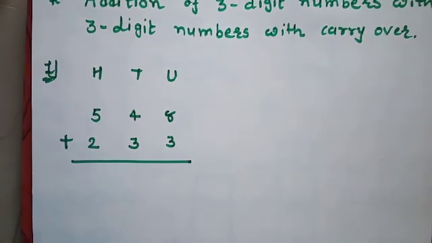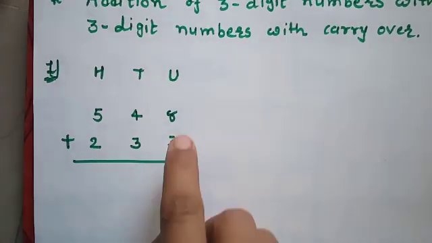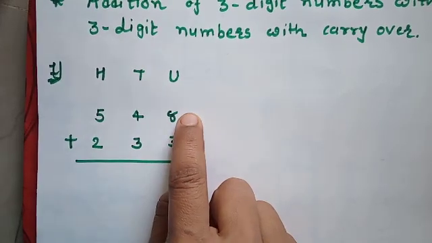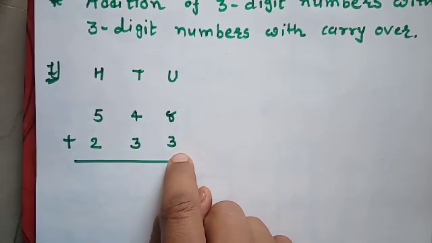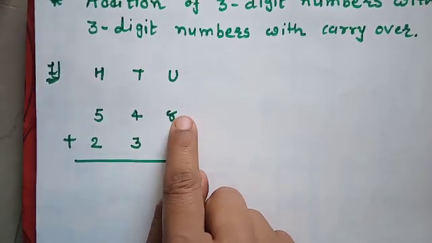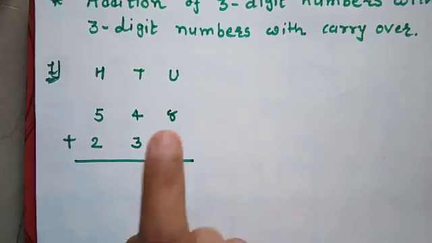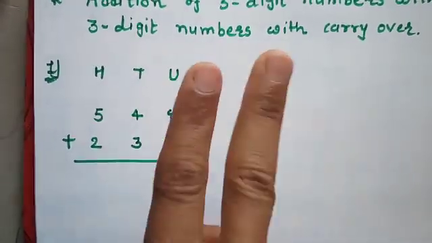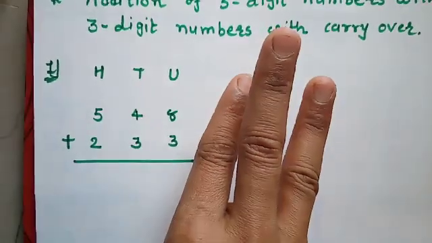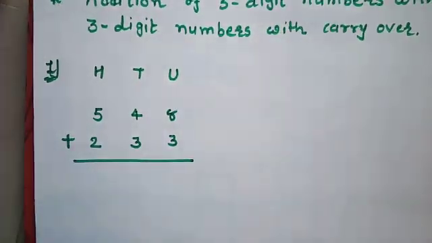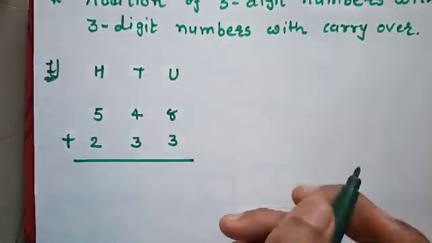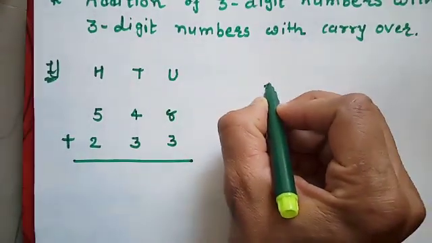So first count the numbers. Right? 8. Now after 8 you have to count 3 numbers. Okay, so after 8 count the 3 numbers. So after 8 comes 9, 10, 11. Right? 9, 10, 11.